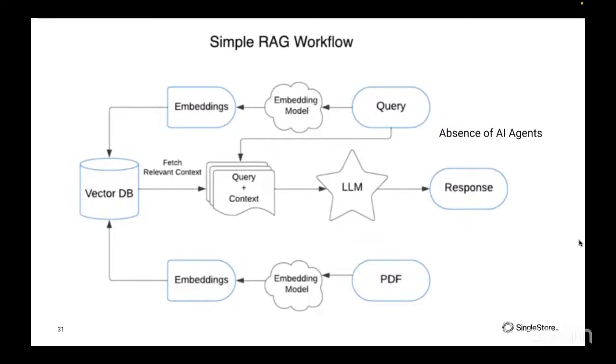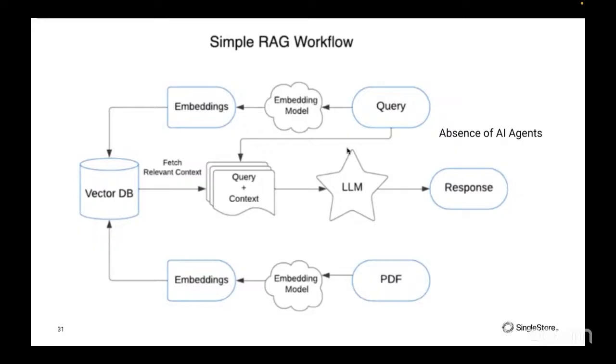You can see in the downside there is a PDF, your custom document, which gets converted into embeddings using an embedding model, and all your embeddings are stored in a vector database. And then when a user query comes in, even that gets converted into embeddings using an embedding model, and then goes to the vector DB to fetch the relevant chunks using vector search. And then now you have the query and the context. It goes through the LLM to give you the proper response.